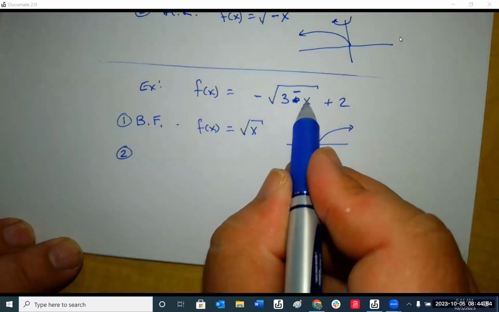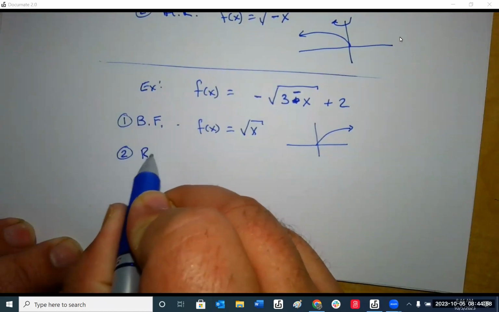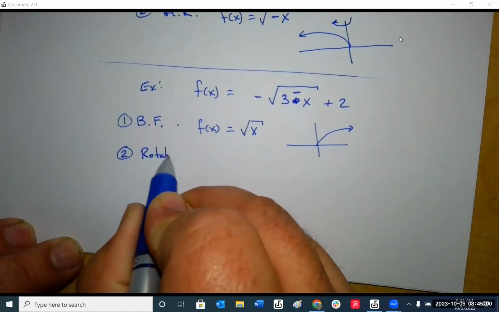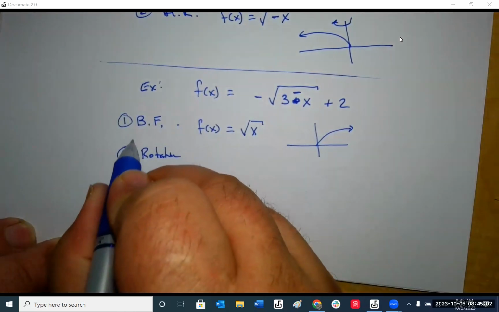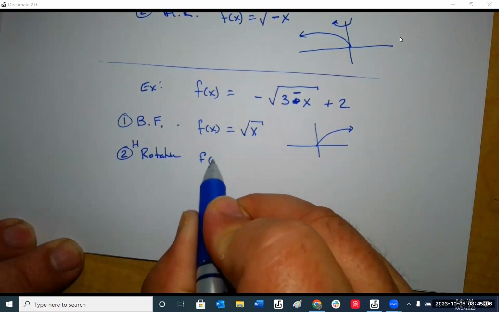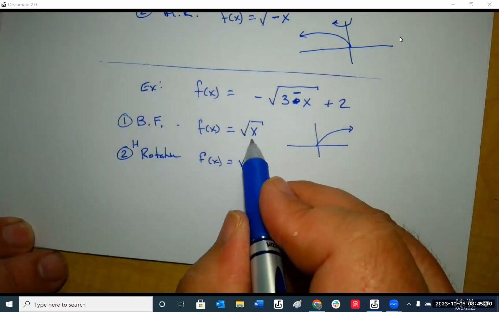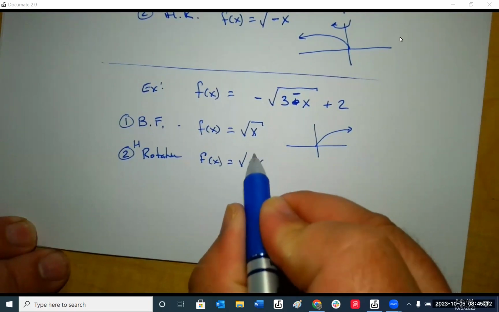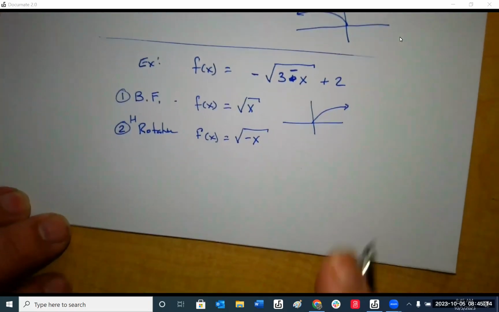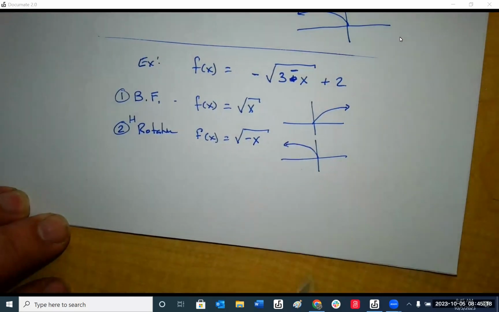Let's build our way out. Is there a horizontal rotation? In other words, does X change sign? Yes. So we know it rotates this way.